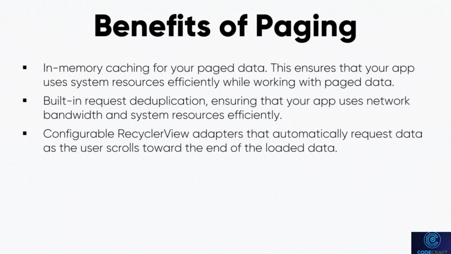You need to make requests to the database according to only what is requested, which is the 20 movies. So we are going to use the paging library in order to fetch the requested data as the user scrolls towards the end of the loaded data. So as the user needs, we are going to display the data. These are the benefits of using the paging.